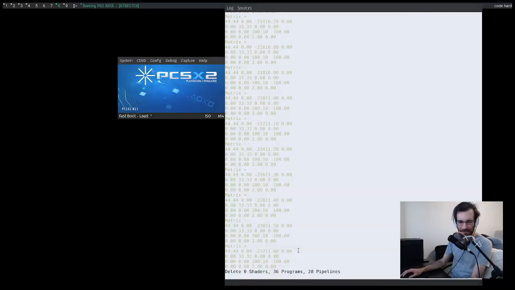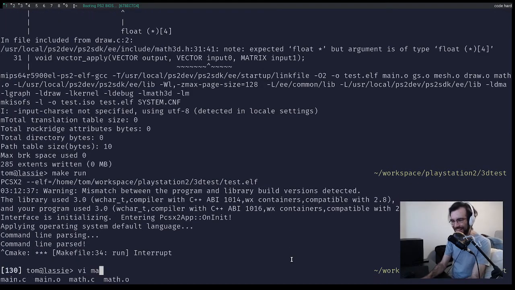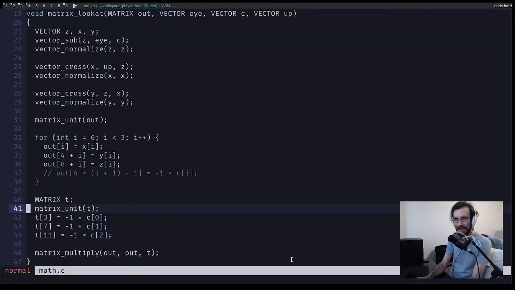How do we stop our Z getting big? At least we have something we can look at now. Potentially, maybe it's this issue where we have mixing of column and row major matrices.